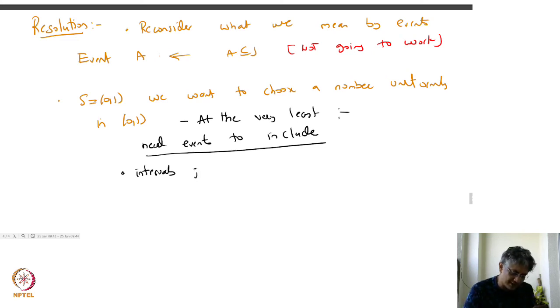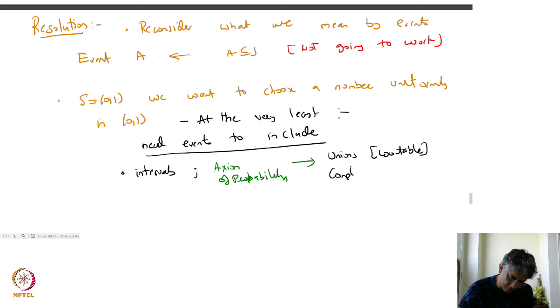If you stretch your mind a little bit and look at the axioms of probability, that implies you will need to include all possible combinations of unions, countable unions of intervals, their complements, and various combinations of these.